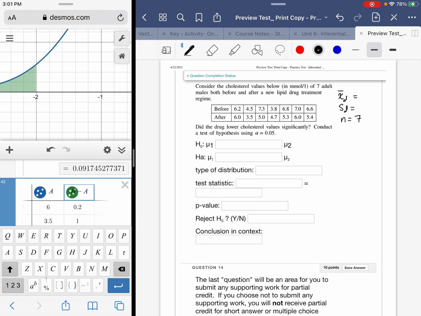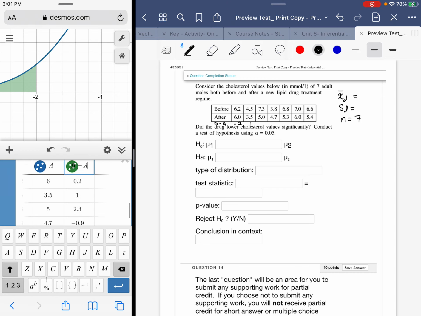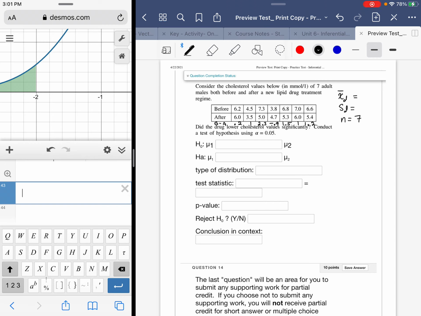All right, so the B minus A values, you can just tuck them in over here: 0.2, 1, 2.3, negative 0.9, 1.5, 1, and 1.2. You're going to find the average of these numbers and the standard deviation.